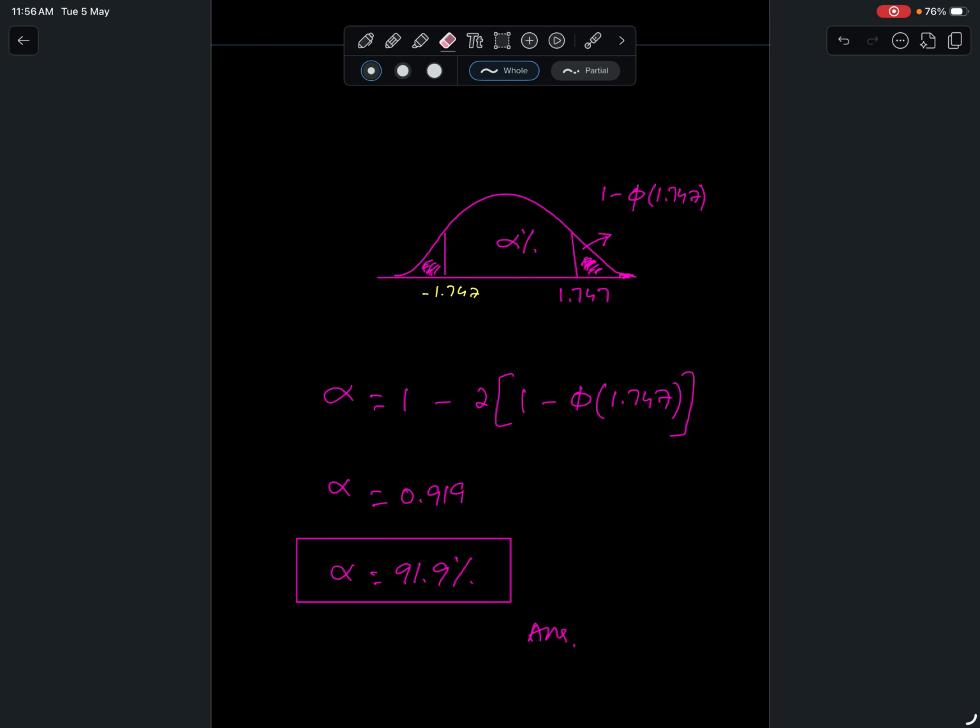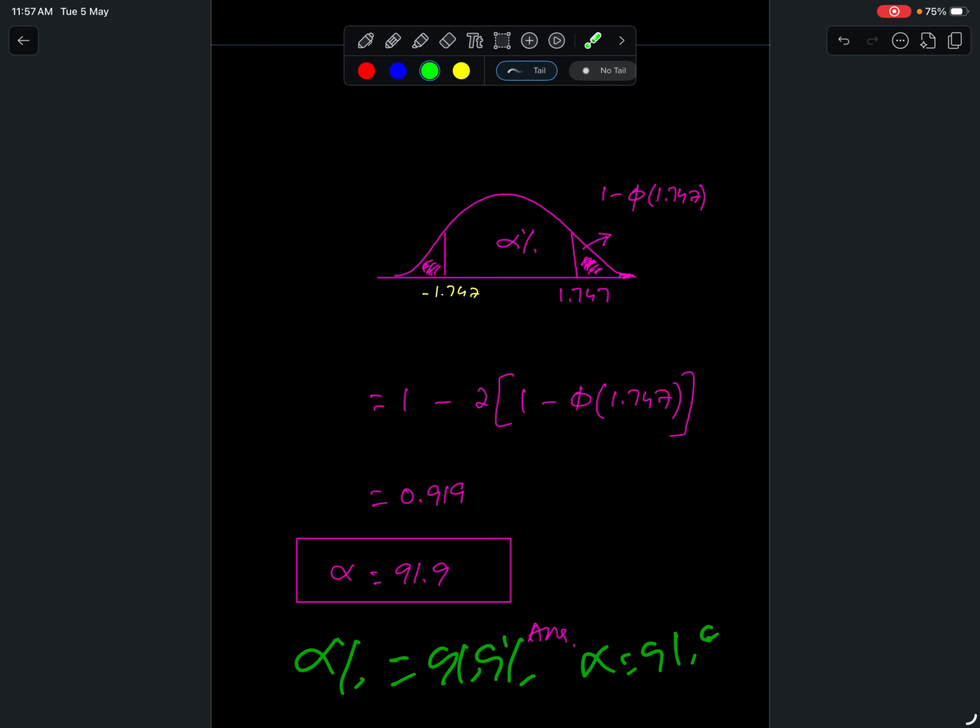This is also fine, but the better way is this. Since it's alpha%, 91.9%, just write alpha is 91.9. Whenever you write alpha, just write 91.9. Don't write the percentage sign. It is also accepted, but the better answer is this, because this is alpha percent, this is 91.9%, so alpha is 91.9.